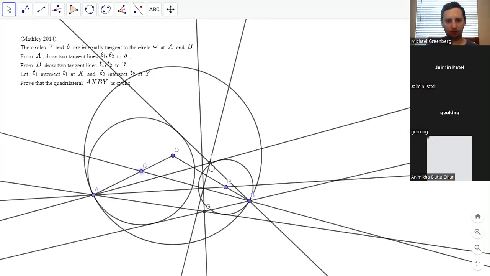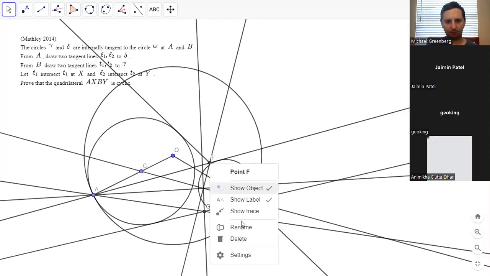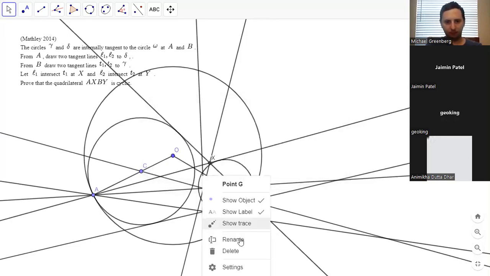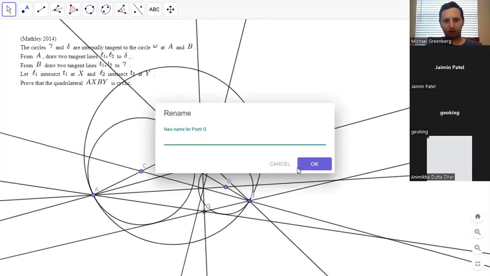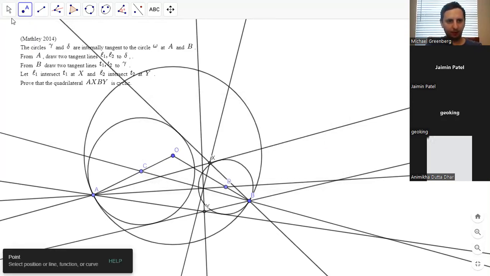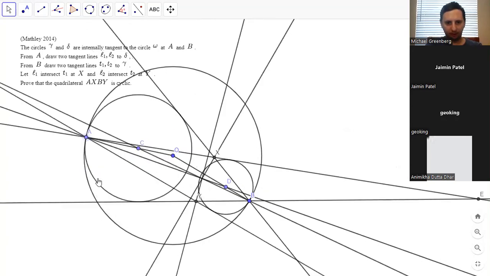Okay, so we'll call this X and Y. Let me draw that. Let me just make sure it's true. I'm going to move A and B around. Yeah.